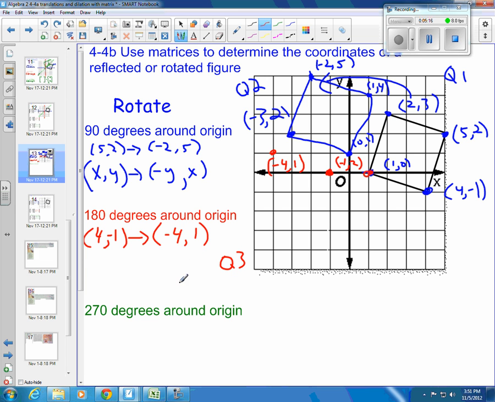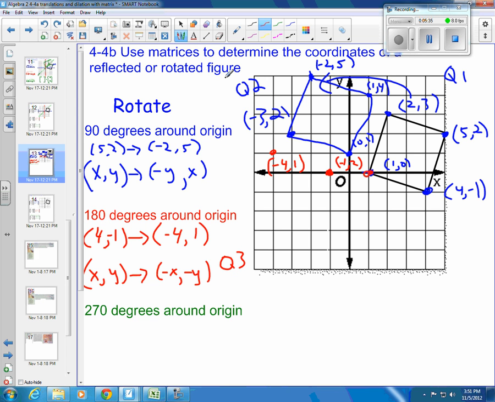So whenever I go 180 degrees, my x and my y stay x and y, but they are both changing signs on me. Right, so my positive 4 went to a negative 4, my negative 1 went to a positive 1.